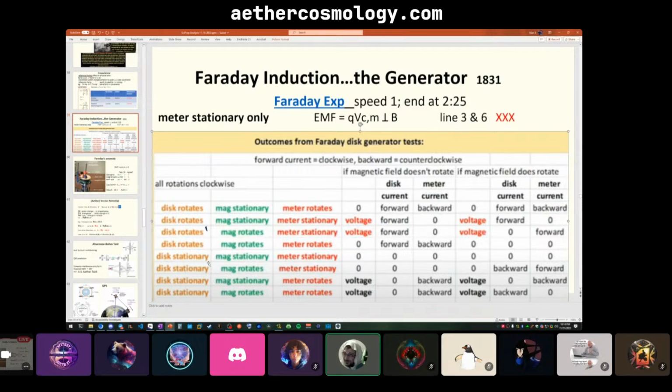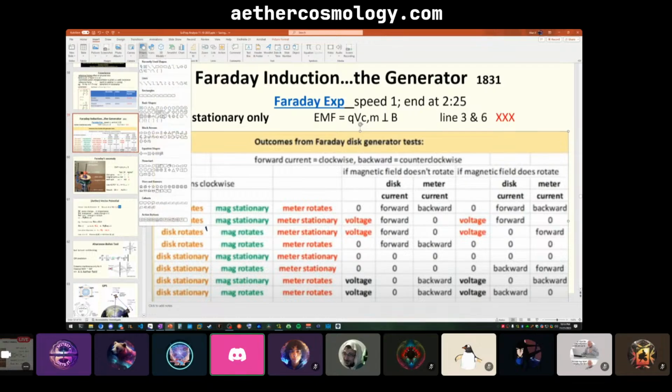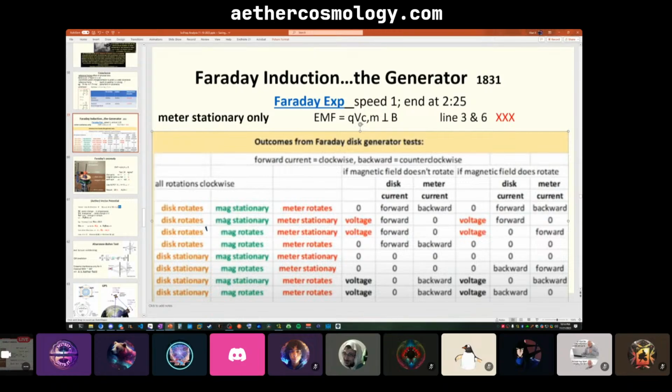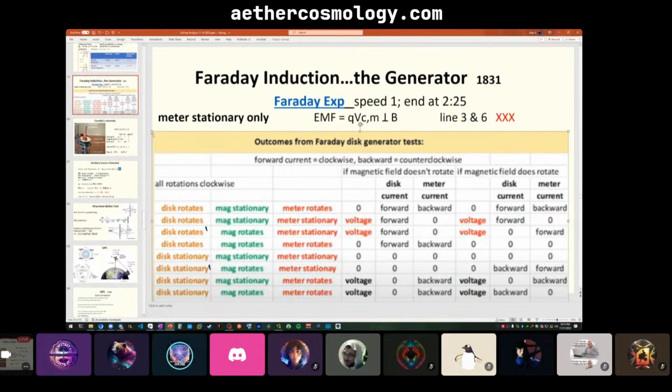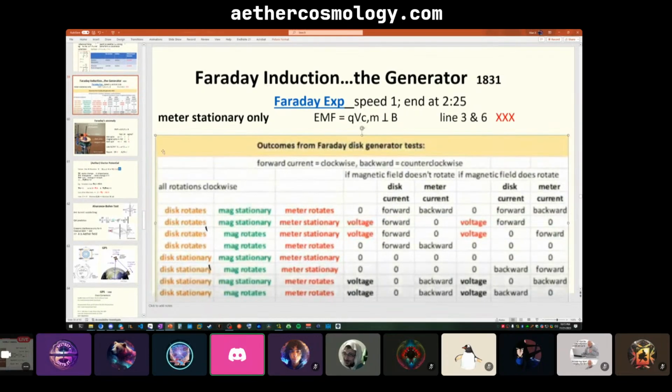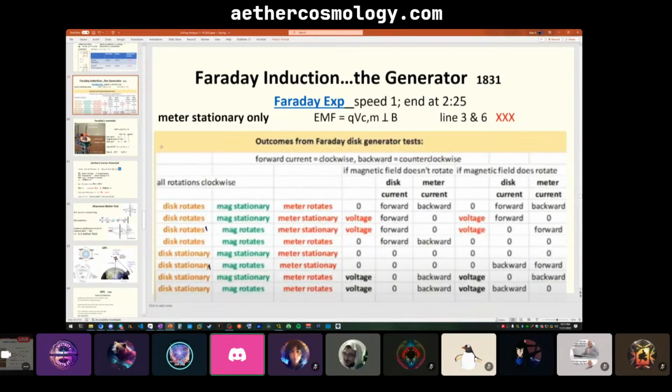So we have a unity between electromagnetism and mechanics. They both say the lab frame must be used to predict the laws of physics, whether it's magnetism and electricity, even other field theories like quantum field theory. All of those still depend on using the lab frame in order to correctly predict the results.